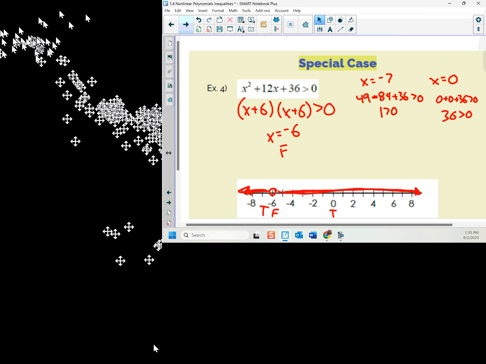A little more interesting, we have an interval: x is in the interval from negative infinity to negative 6, not including negative 6, and then negative 6 to positive infinity. Again, not including the negative 6, and we never include the infinities. So that would be our solution for that case.